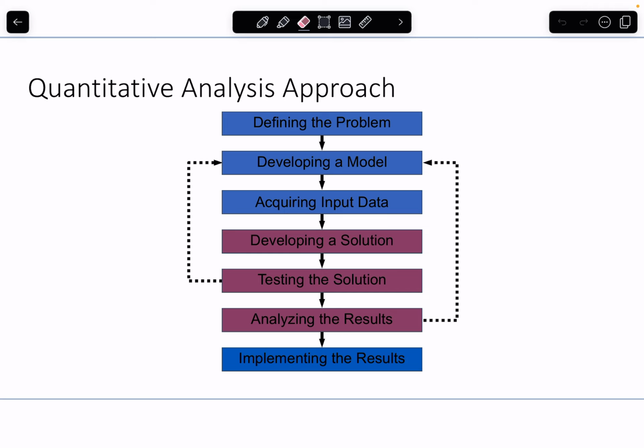As long as those are accurate data, we have to acquire those. And once we have those data, we develop a solution based on the model and considering the data as well.